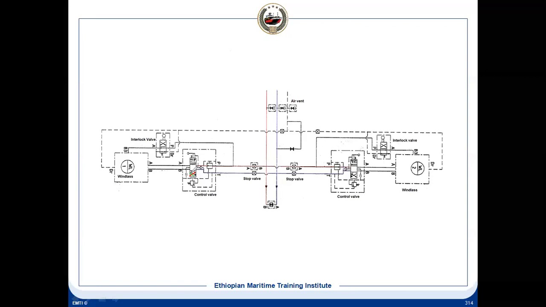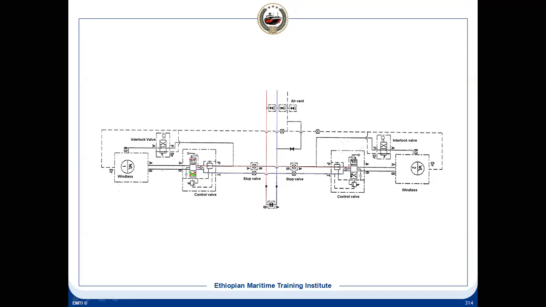It will be 3 positions. So this will be the return line, and here this is the pressure line, and this is the return line. So the direction of the motor can be changed, so that you can heave up the anchor as well as pay out the anchor. Both operations you can have.